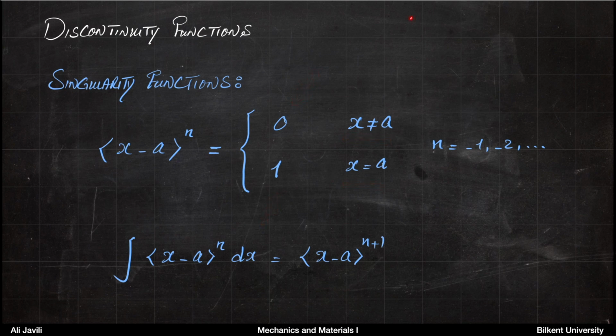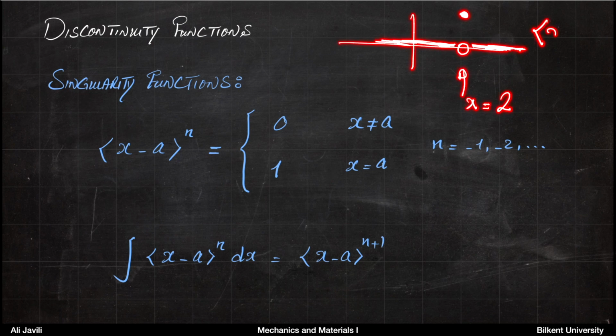So if we want to, again, draw this thing, for instance, if here is the point x equals 2, and you want to have a function that gives you 1 exactly at this point, and then 0 everywhere else, you would just write x minus 2 to the power minus 1, for instance.